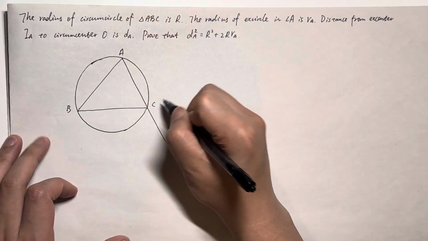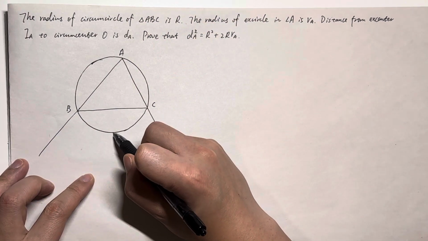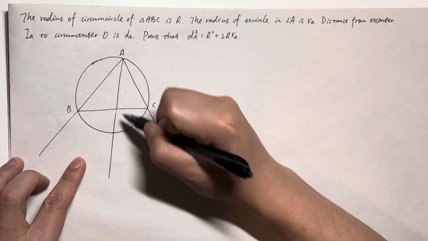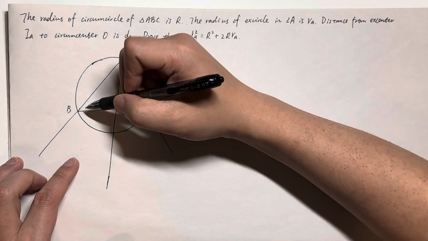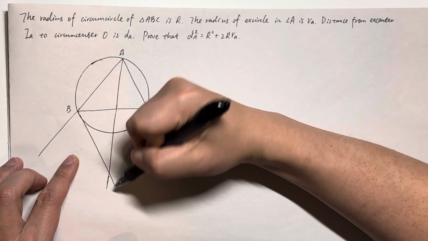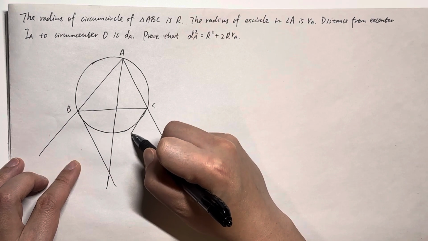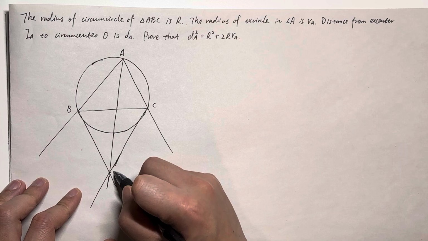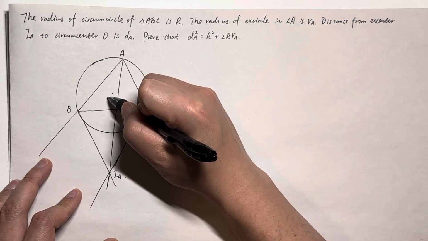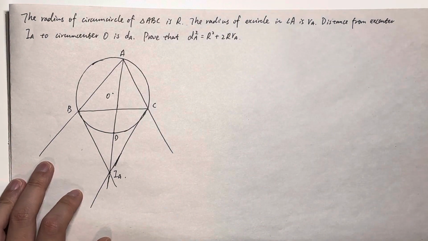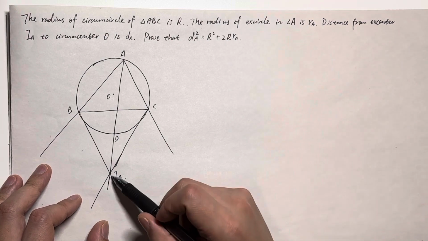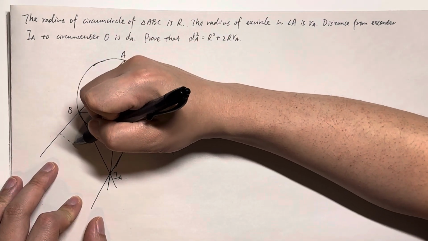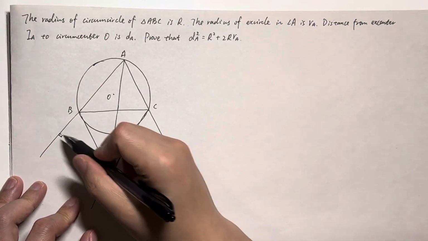Okay, we have A, B, C. So this is IA and this is O. Let's call this point D. We know that the radius of the excircle in angle A is RA, which means the distance from IA to line AB is RA.